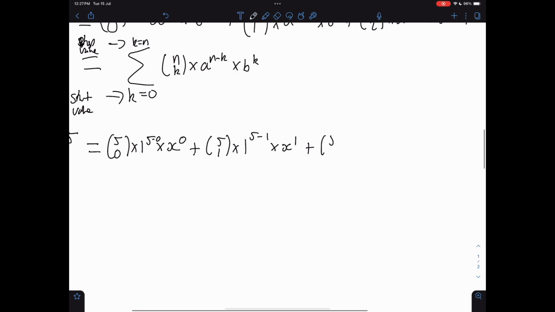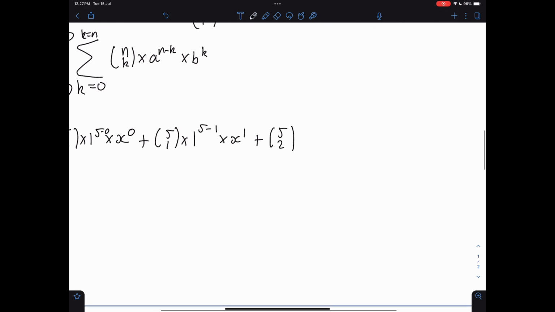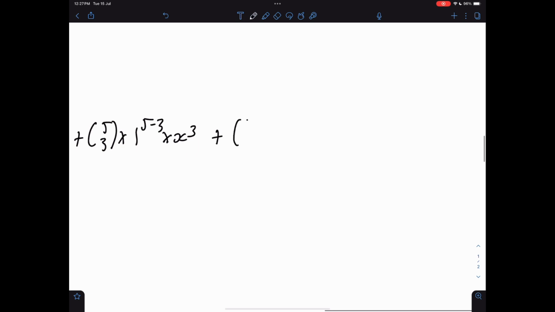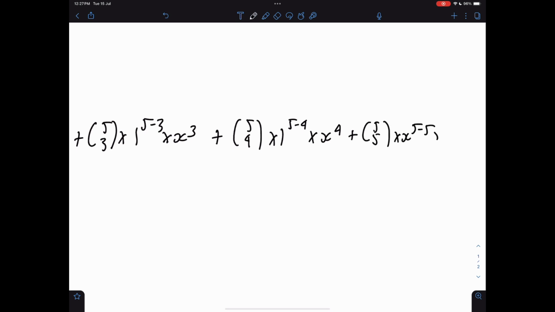And the next one will be 5 choose 2 times 1 to the power of 5 minus 2 times x squared, plus 5 choose 3 times 1 to the power of 5 minus 3 times x to the power of 3, and then 5 choose 4 times 1 to the power of 5 minus 4 times x to the power of 4, plus 5 choose 5 times 1 to the power of 5 minus 5 times x to the power of 5.